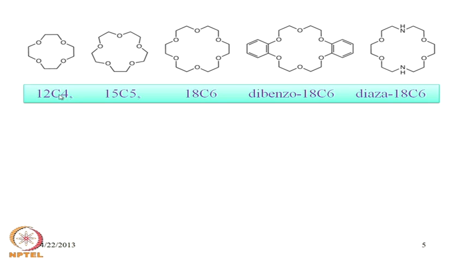So, when we have 4 oxygen atoms and the backbone is completing with 12, that means 8 carbon and 4 oxygen, it is 12 C 4.